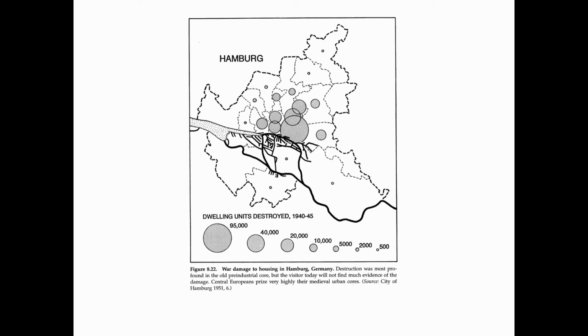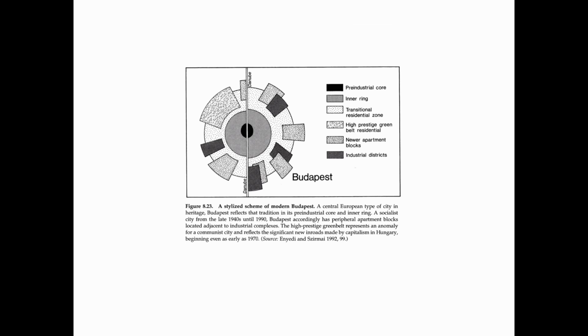Some Central European cities experienced 50 plus years of communist rule. So, for instance, Gdansk is one of these places, and Eastern Berlin is also part of that area. Budapest, for instance, in Hungary, shows an odd mixture of both Central European and communist patterns. So, this is a stylized representation of Budapest.